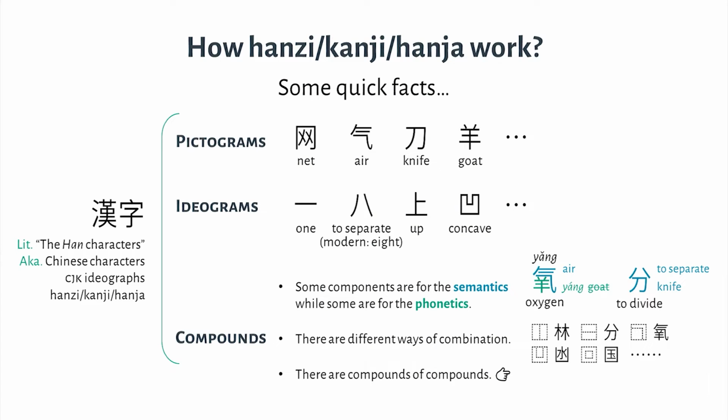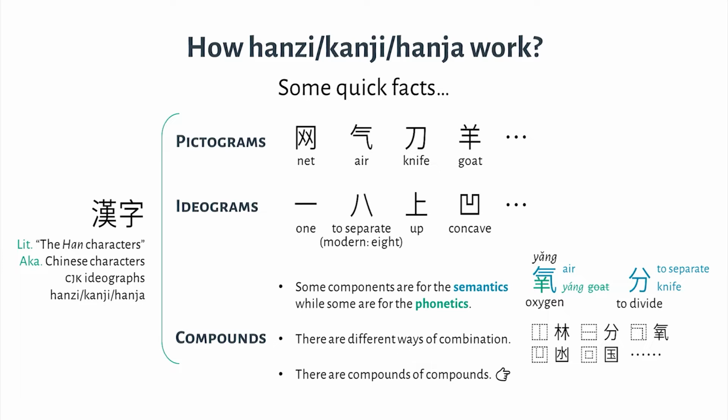Our topic, Chinese characters, also known as CJK ideographs, or Hanzi in Chinese, Hanji in Japanese, Hanja in Korean, are different transcriptions of an identical word when written in Chinese characters. In this presentation, we will use the term Chinese characters, or sometimes Hanzi for short.